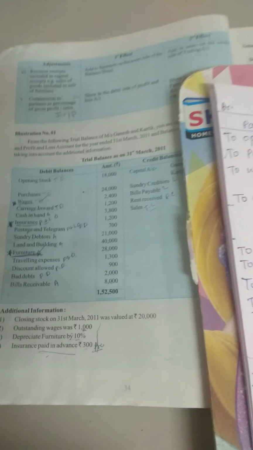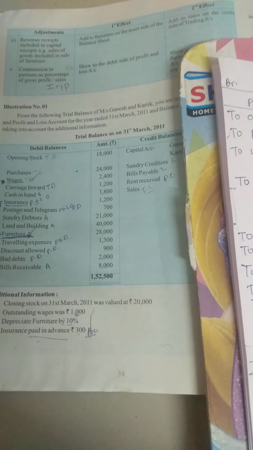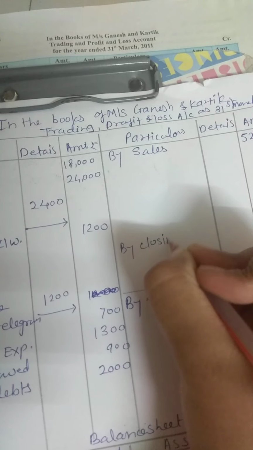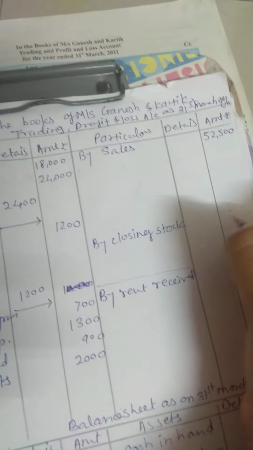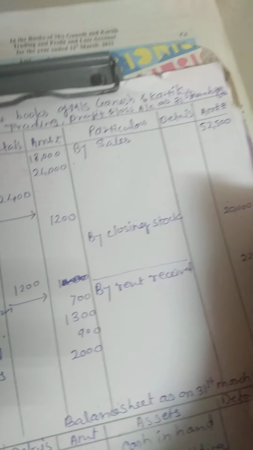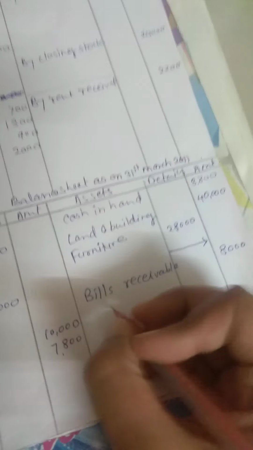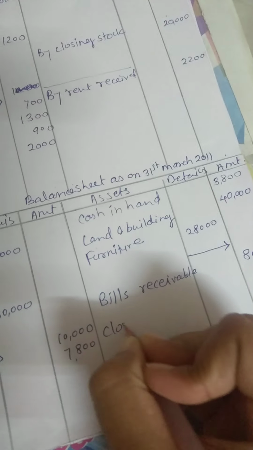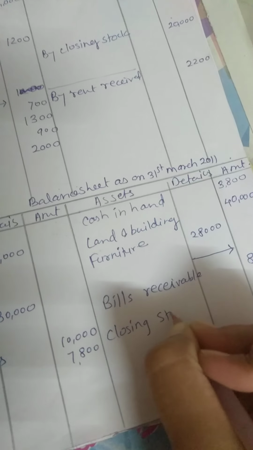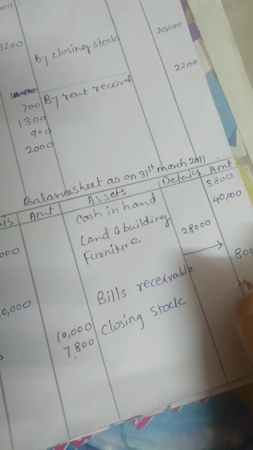So I am writing here closing stock amount of rupees 20,000, and the second effect goes here, balance sheet asset side, closing stock, same amount 20,000.